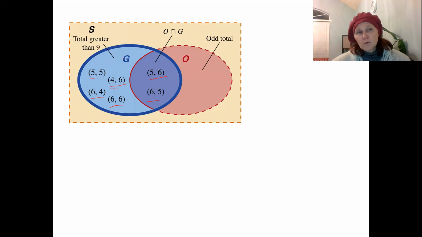Every element is an ordered pair, 5 and 5, 4 and 6, and so on. Then we have another set, odd total. We don't need to list all the outcomes here in this problem, since we need the intersection of the event odd and event greater than 9. There are two elements in the intersection.